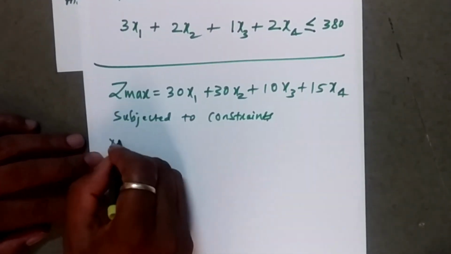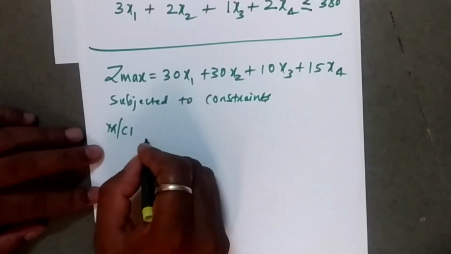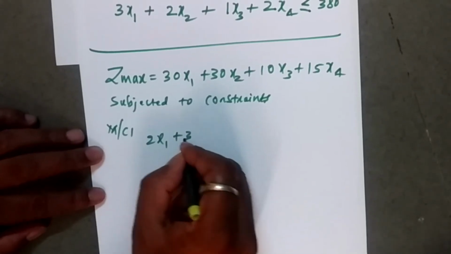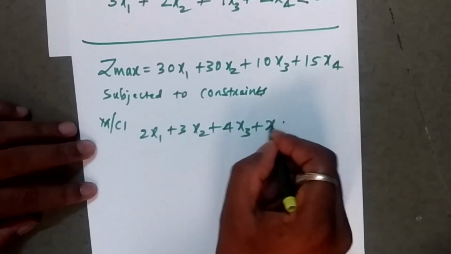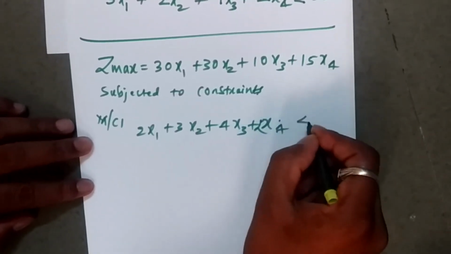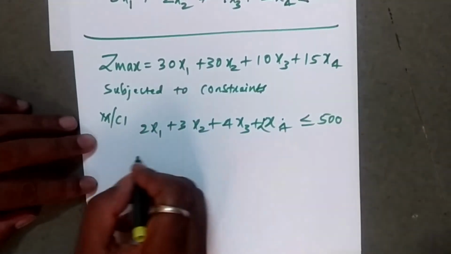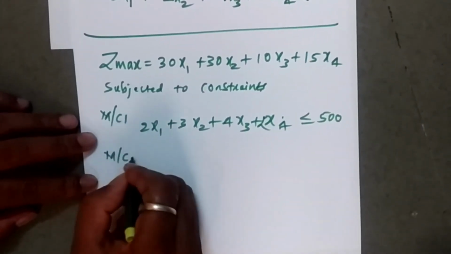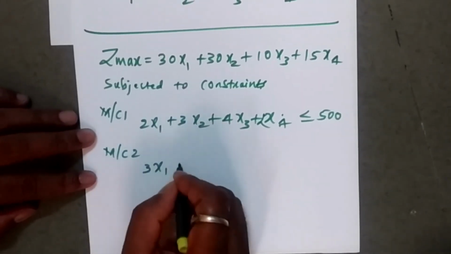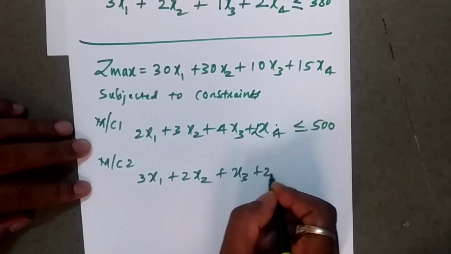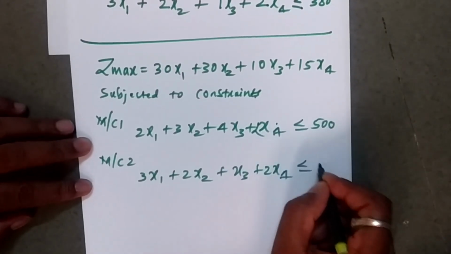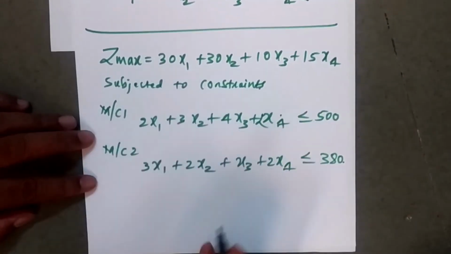For machine 1, first I'll write: 2x1 plus 3x2 plus 4x3 plus 2x4, which is less than or equal to 500. And the second one, for machine 2, is 3x1 plus 2x2 plus x3 plus 2x4, and it is less than or equal to 380.